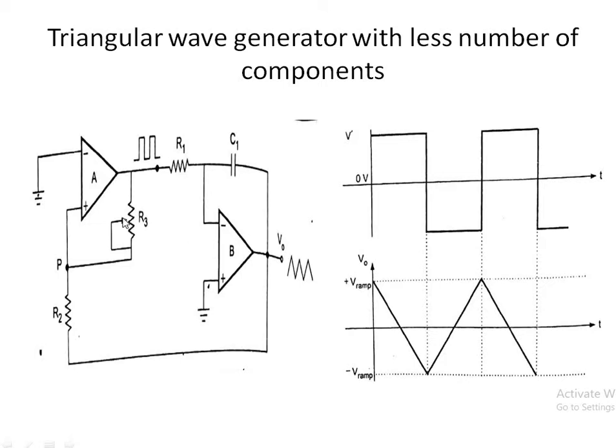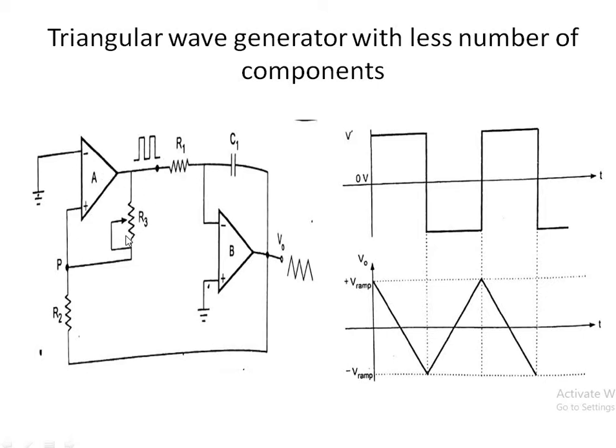The circuitry of which is shown here. Here you can see a Schmitt trigger circuit, and this is the positive feedback of the Schmitt trigger, which consists of the feedback resistors R2 and R3.